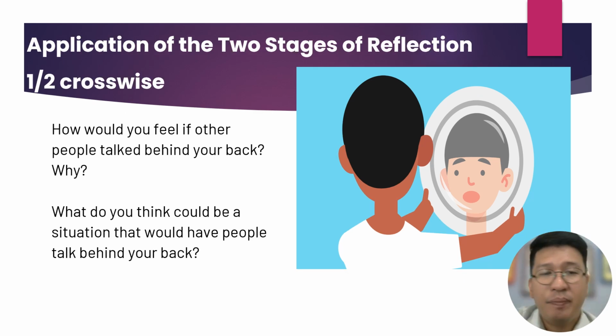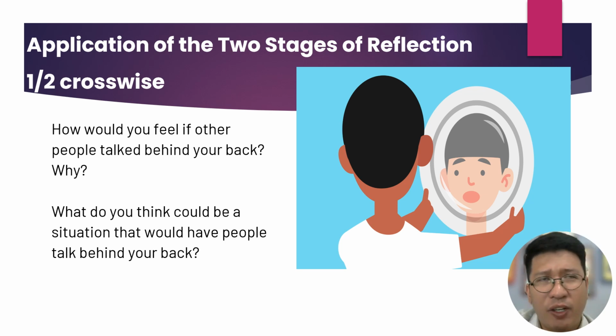At this time, the application of the two stages of reflection. Get one half crosswise of paper and take a picture of the questions for this activity, in order for you to copy the questions, answer them, and submit them after the class session. First question: How would you feel if other people talk behind your back?